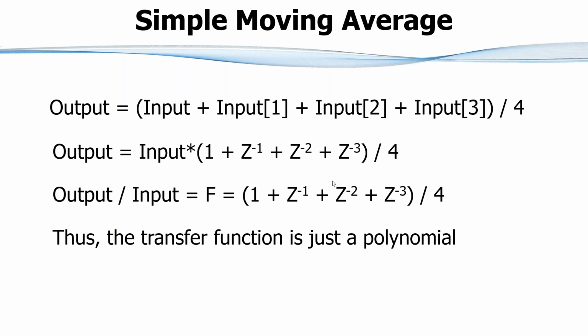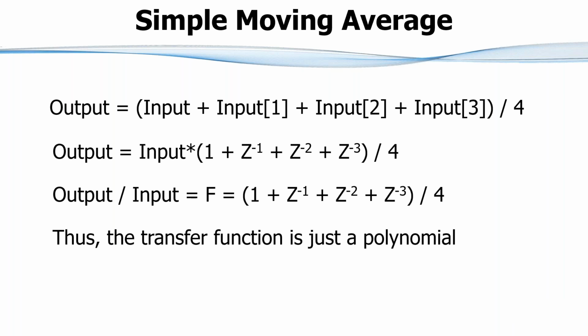In other words, the output can be expressed as a polynomial times the input, or more precisely, if we divide by the input on both sides of the equation, we have the transfer function, which is a straight polynomial. And that's the way to describe a moving average.